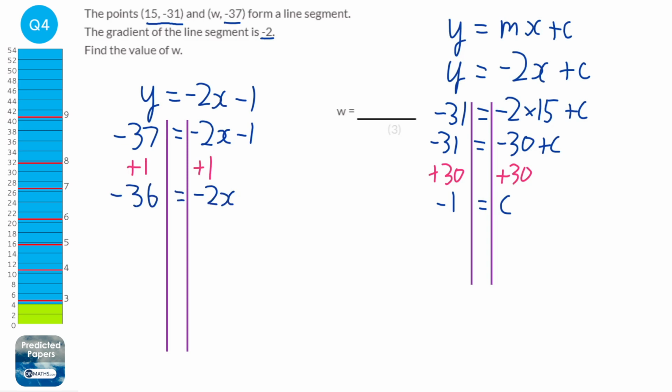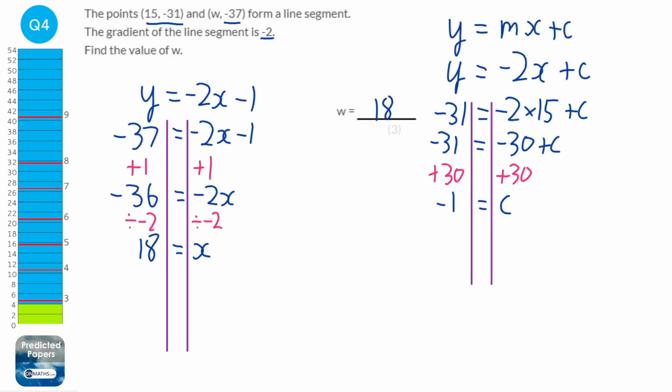I'm going to now divide everything by minus 2. And a negative divided by a negative is positive. 36 divided by 2 is 18. And then obviously that gets rid of the coefficient of the x, so it's just x. So x equals 18. So the x value is 18 and the x value is the w value.